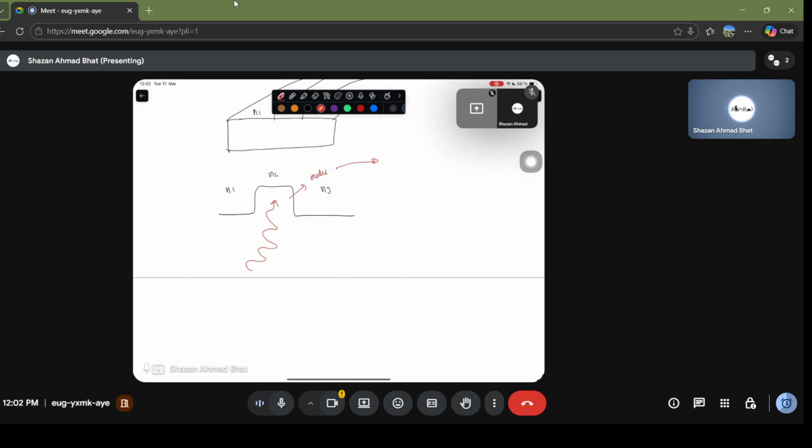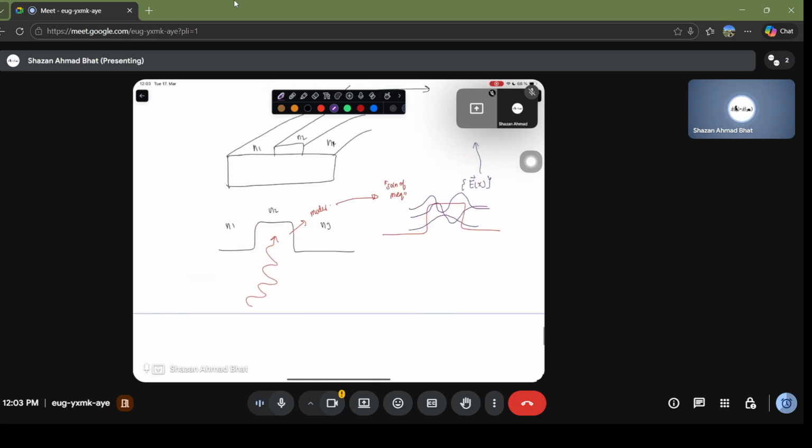Your modes are basically the solutions of Maxwell's equations. You solve the Maxwell equations and get the modes inside this, something like N1 mode, N2 mode, N3 mode, and so on. These are basically the different spatial variations of the electric field as well as the magnetic field.